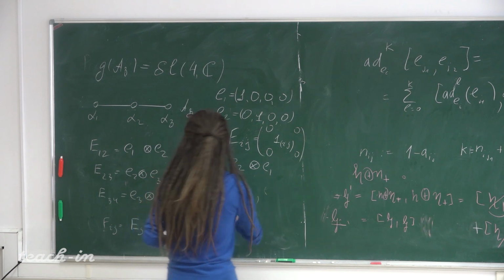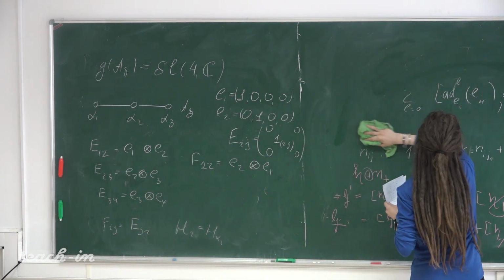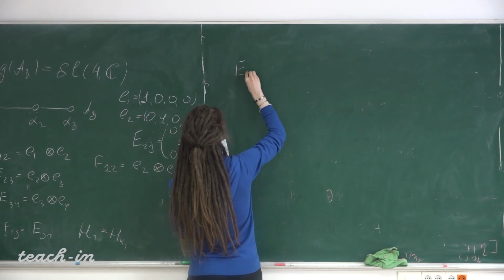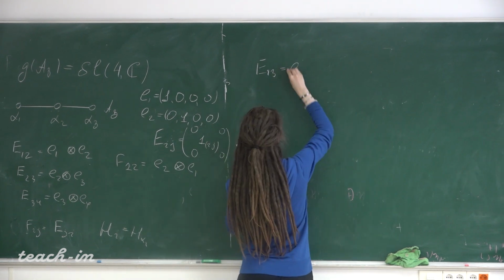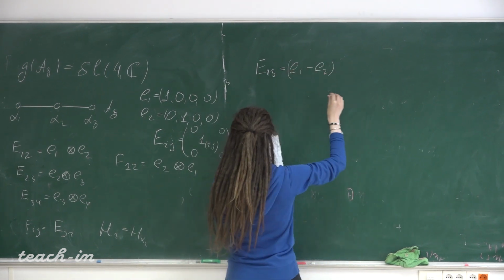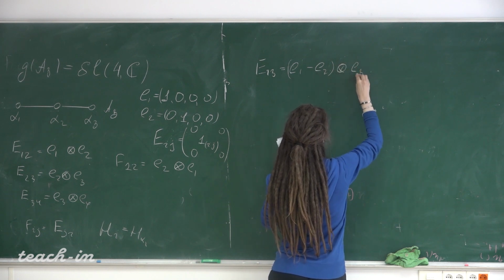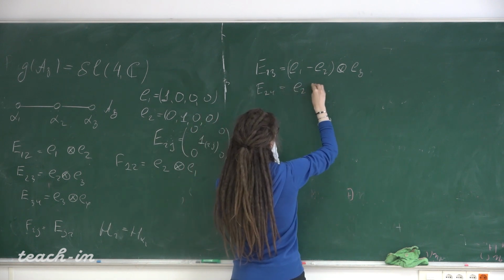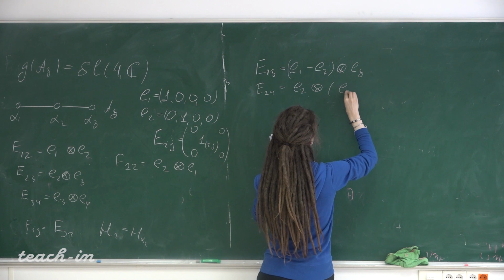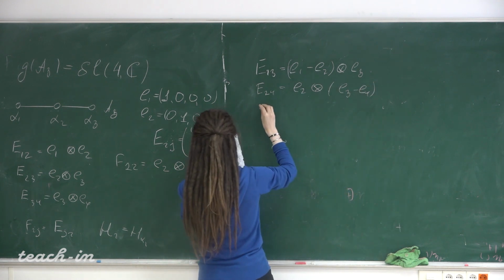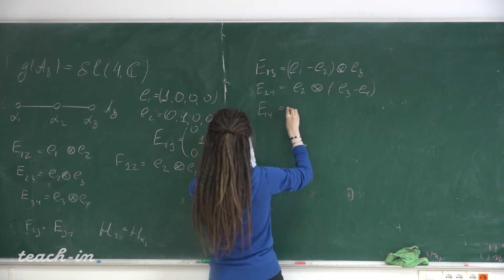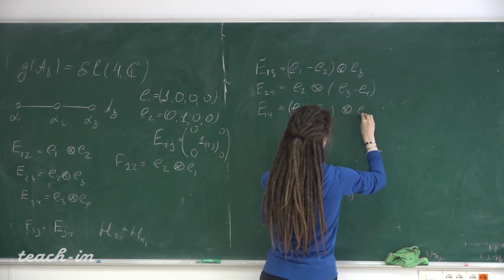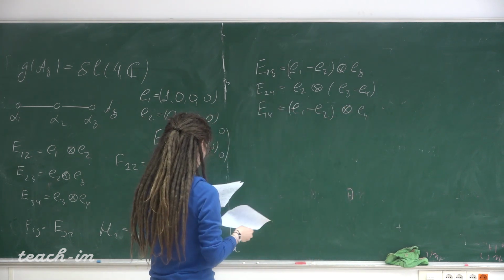Of course I need to write a little more complicated relationship, like E13 is E1 minus E2 times E3.